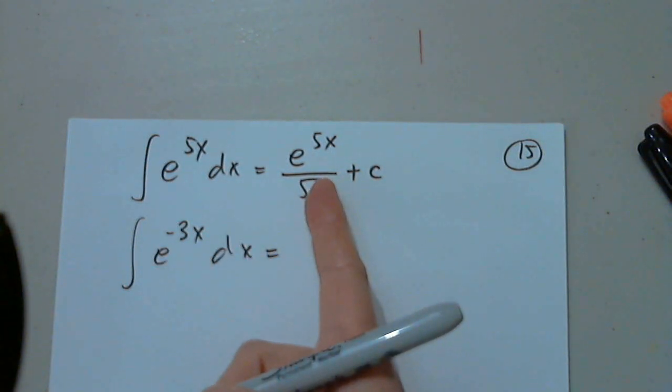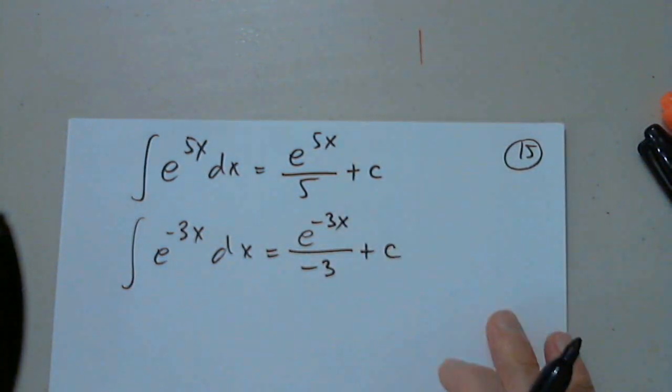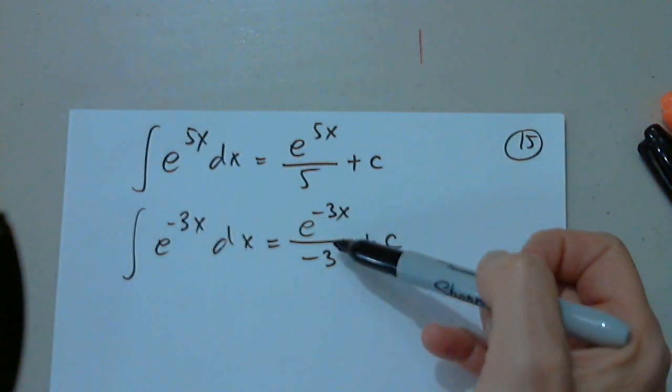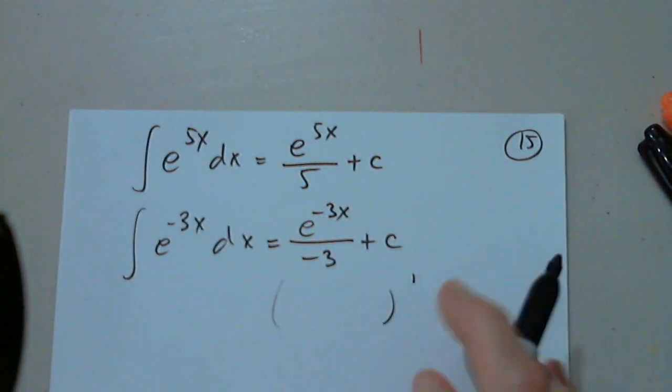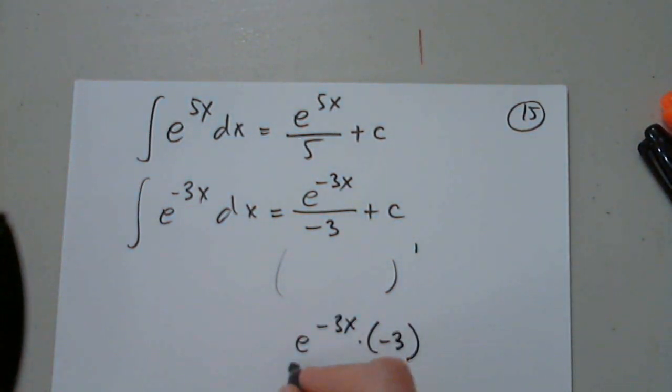But it's going to be the same thing. It's going to be e to negative 3x divided by negative 3 plus a constant c. So let's check. When we differentiate this side, we get e to negative 3x times the inner function prime divided by negative 3. These two go away, and we get that back.